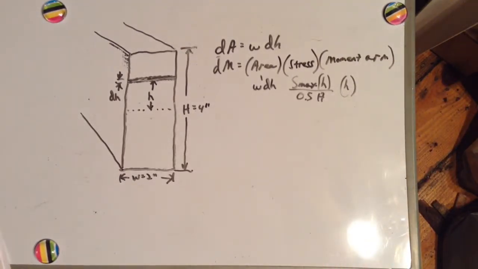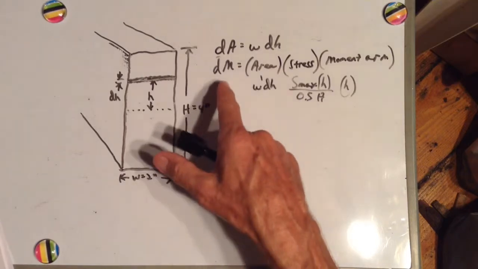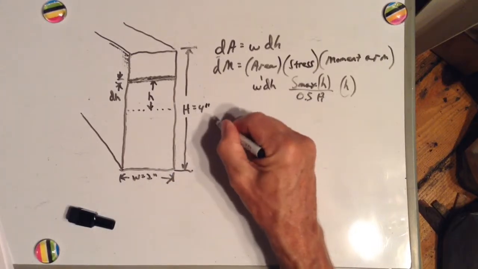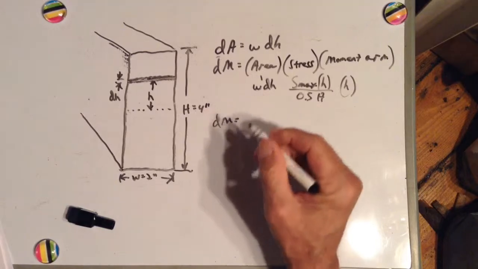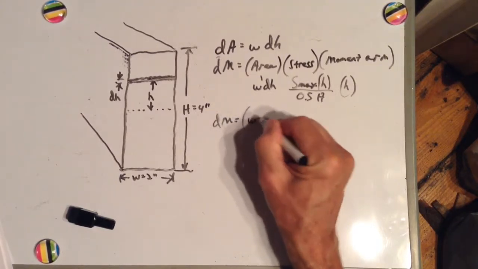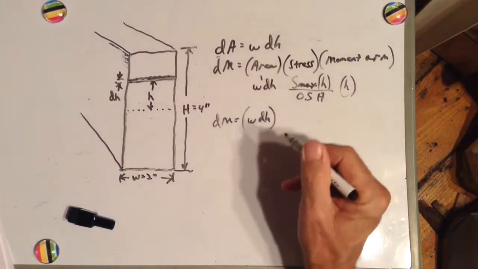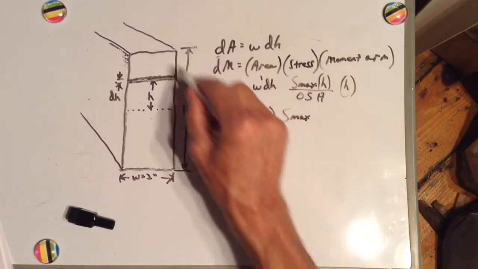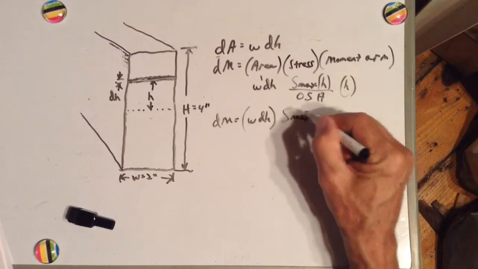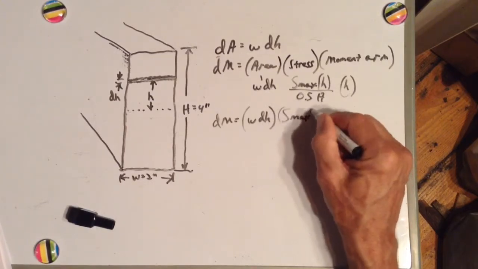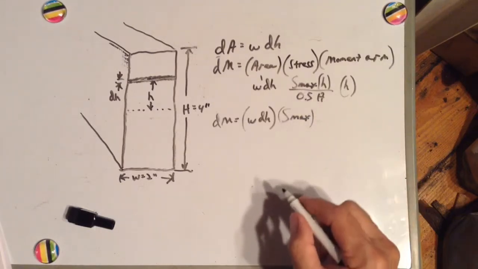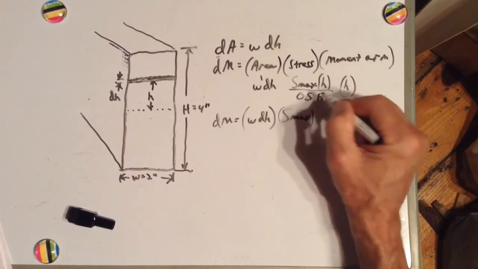So we have dm, our little increment of bending moment, equals w dh times s max, maximum stress, stress at the top of the board, times, okay, we have a divided by 0.5, so we can multiply the top by 2 and multiply the bottom by 2.